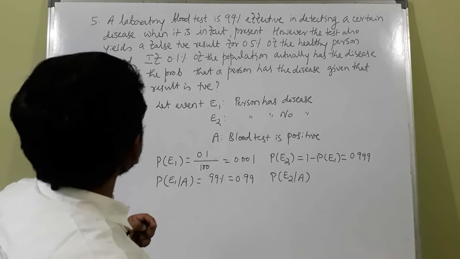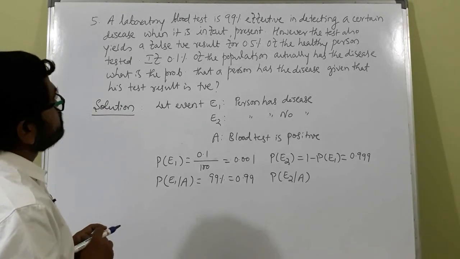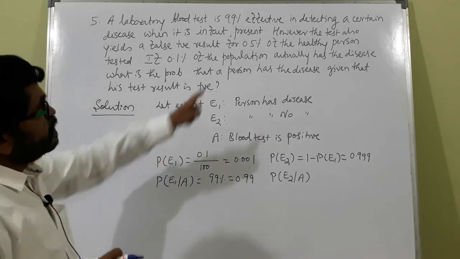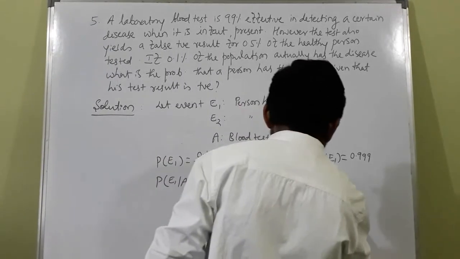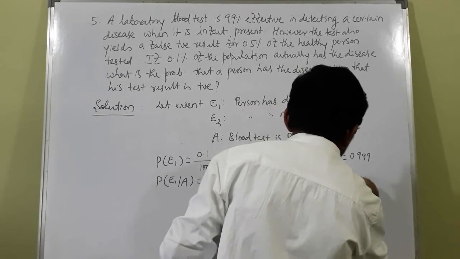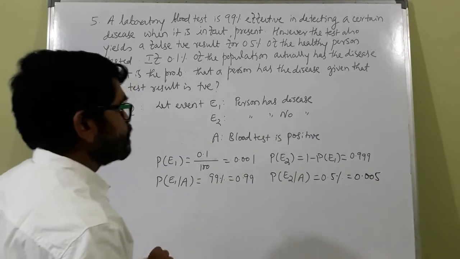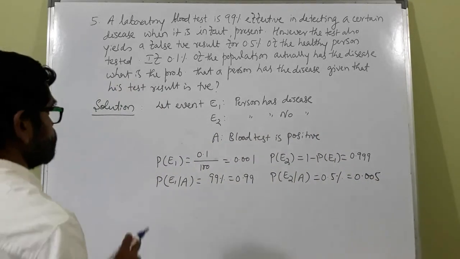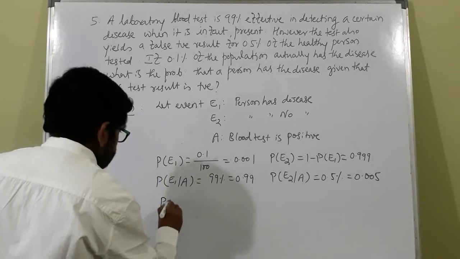However, the test yields a false positive result for 0.5%. That means 0.5% is 0.005, 0.5 over 100.